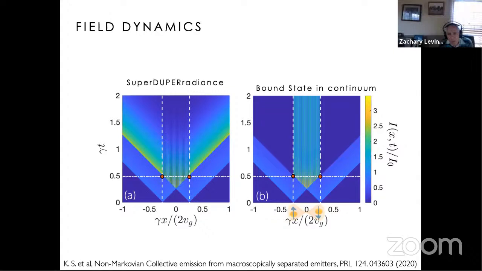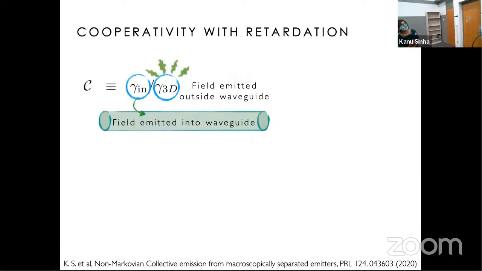All right. So, to go to the next slide. All this is fun and interesting, but what is this good for, one can ask. We can define a parameter, the cooperativity of the system, which is the ratio of the field emitted into the waveguide to the field emitted outside of the waveguide.